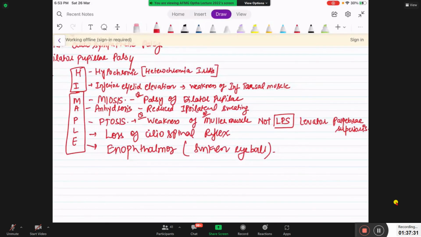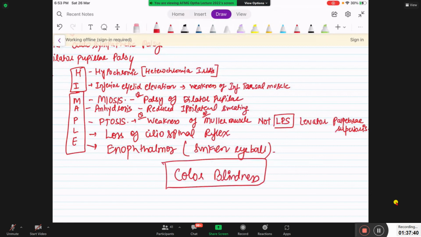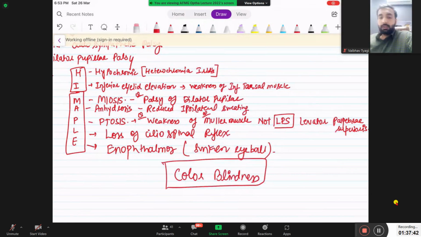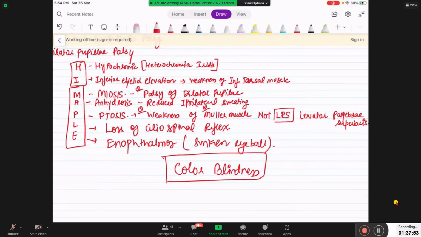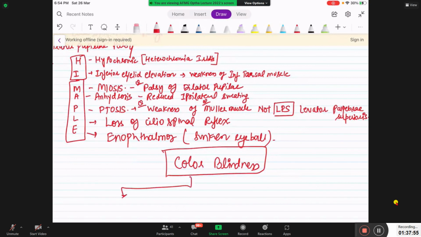Now next, write down color blindness. It can be congenital and it can also be acquired.